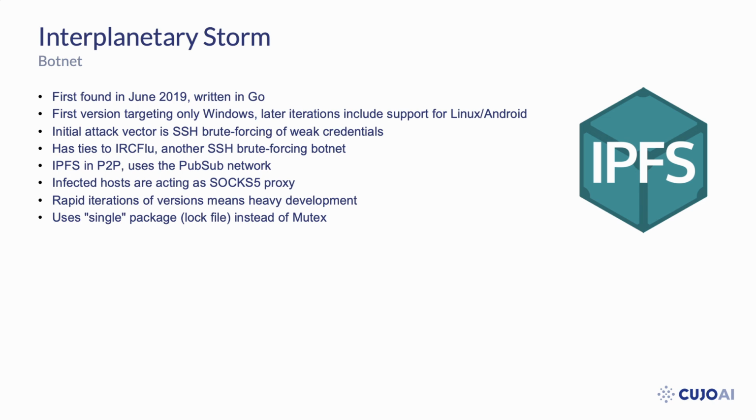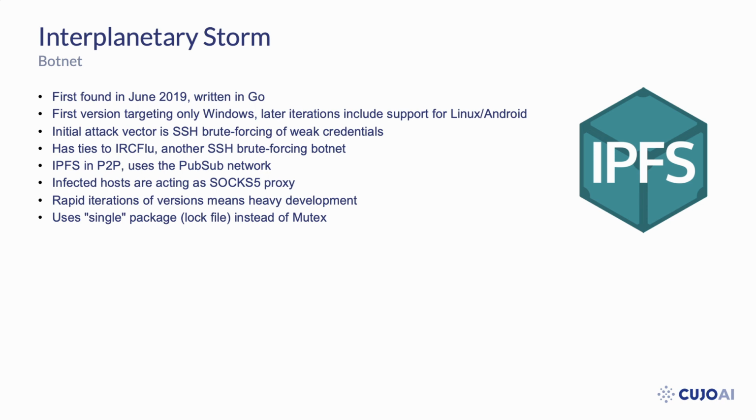The initial attack vector, again, is SSH brute forcing of weak credentials. And IP Storm also had some ties to IRC Flu, another brute forcing botnet. So it's quite likely that the developers are the same for both botnets.